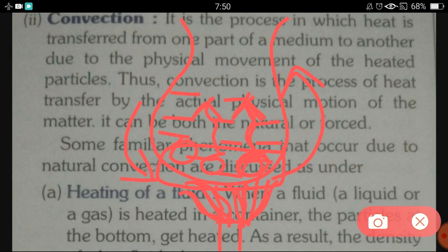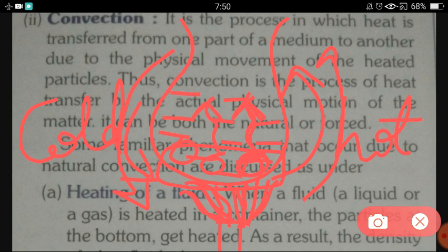Like that this continuous motion goes on. The hot molecules go up and the cold molecules come down, and like that the whole cycle works, and whatever fluid we have gets heated up.